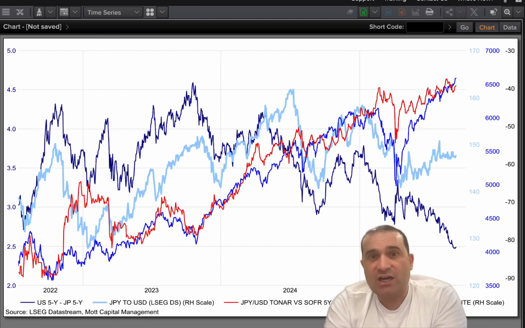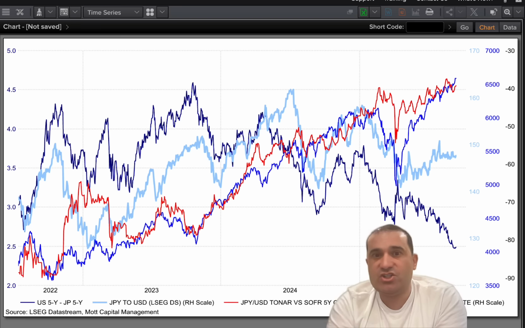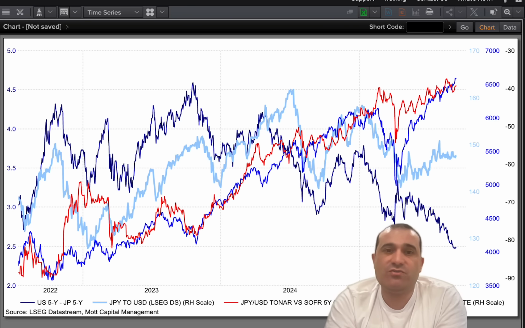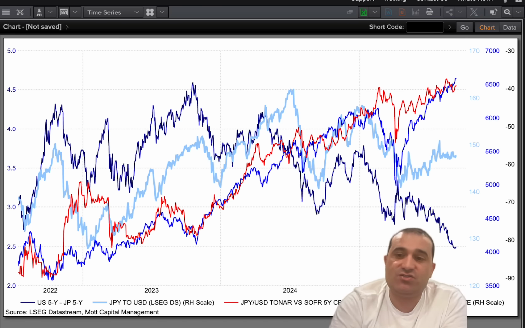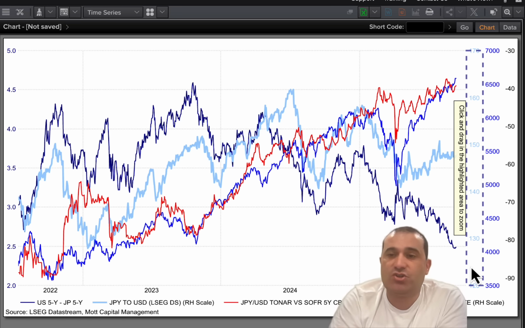And at the same time, if the Fed were to come out and deliver a picture that suggests you're going to get multiple rate cuts over a short period of time, you could potentially see the pressure on this rate spread really begin to move down sharply.